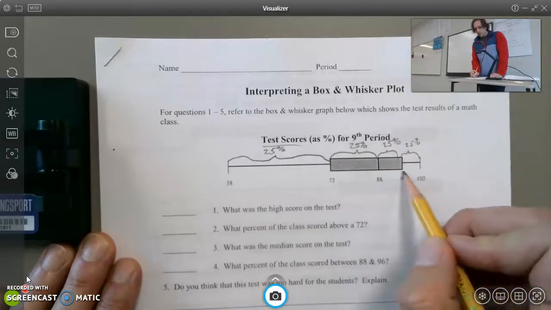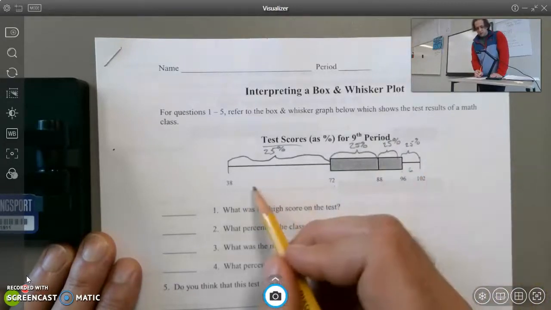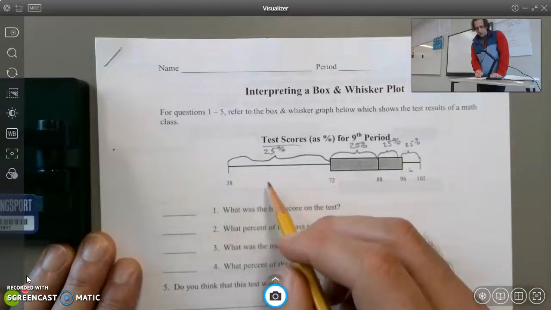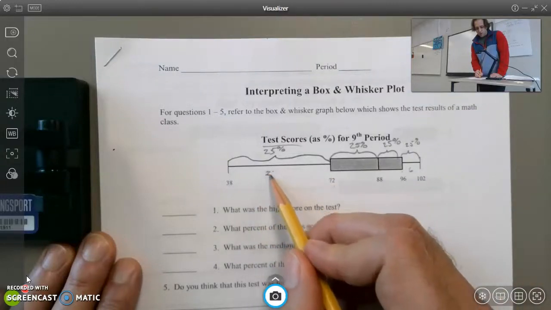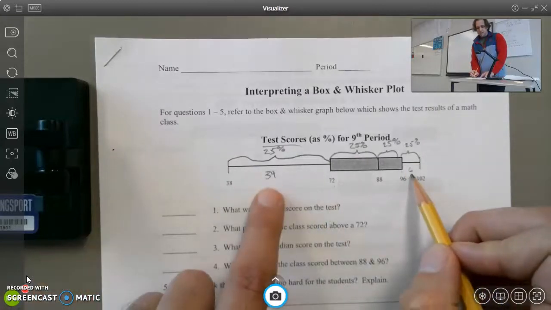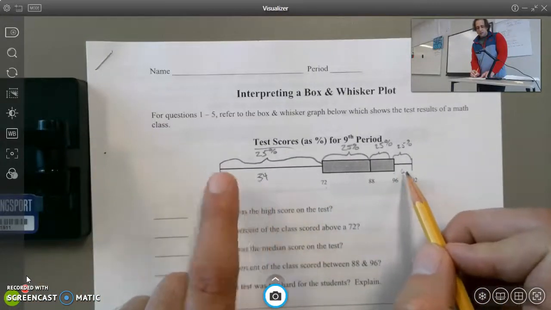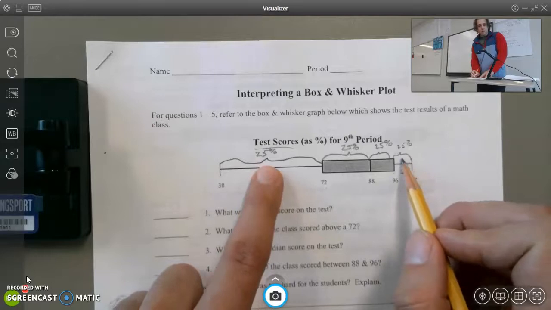So even though this is 6 and this is, what, 34, the distance between these two numbers, each of these ranges have the same amount of test scores.